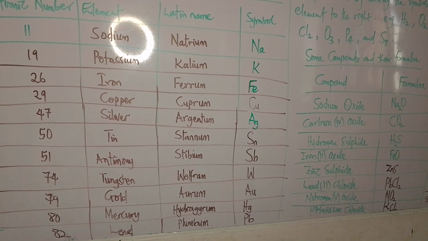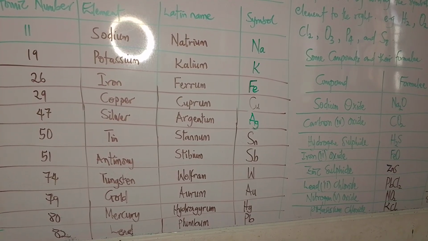We have tin, stannum, Sn. We have number 51, antimony, that is stibium, that is Sb. And number 74, tungsten, that is wolfram, W. Gold is aurum, that is Au.